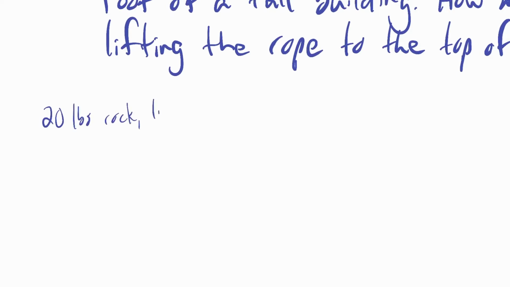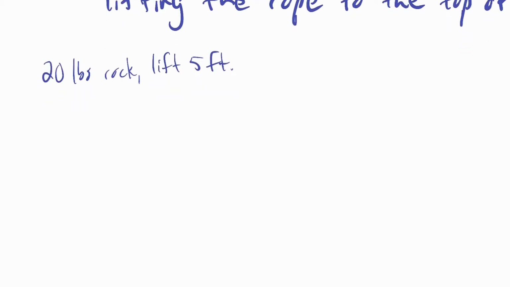We want to lift it 5 feet. Something relatively simple, right? You know how to lift a 20-pound object 5 feet, probably. So work equals force times distance, and the distance is 5 feet.